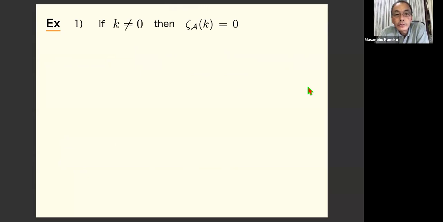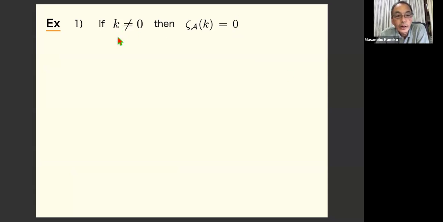First, when the depth is 1, the single index zeta_A of k is 0. We only look at positive integers here, so it's always 0.